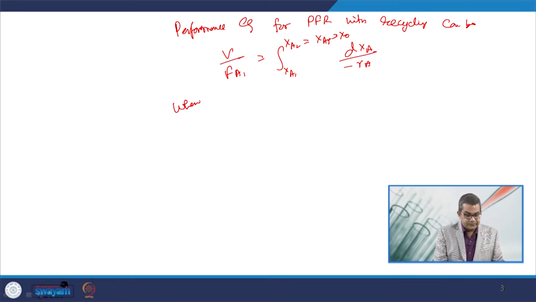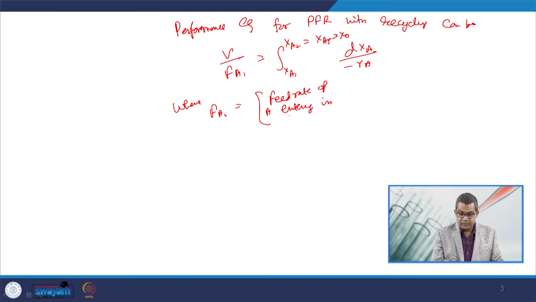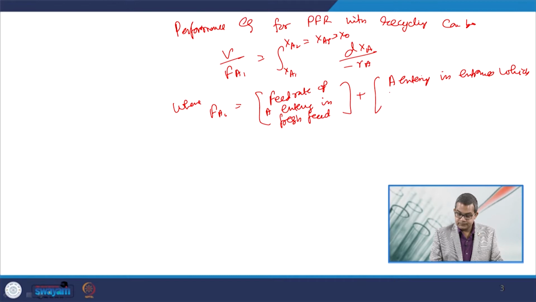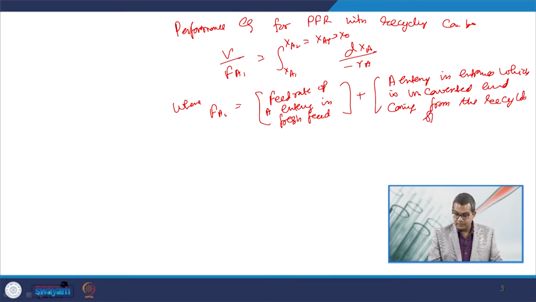Now, where FA1 is equal to the feed rate of A entering in fresh feed plus A entering in the entrance which is unconverted and coming from the recycle stream.